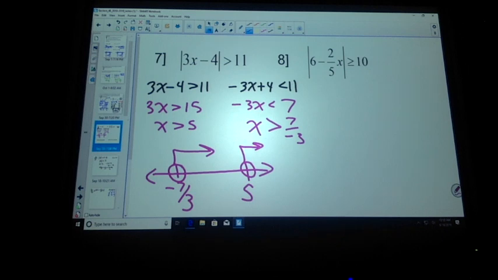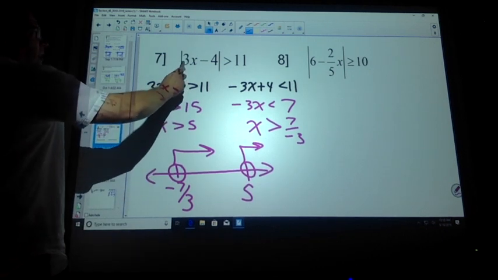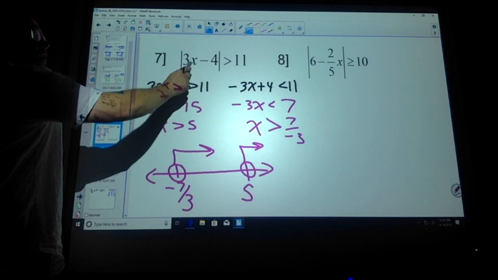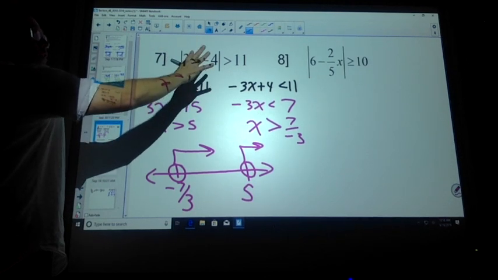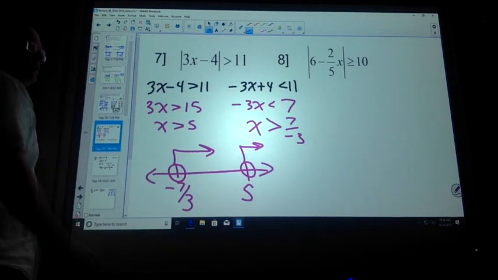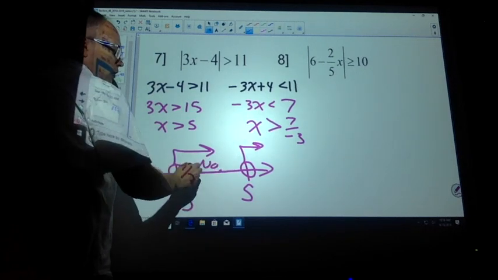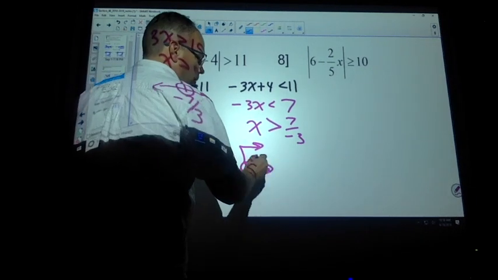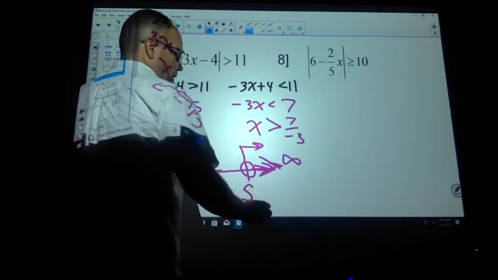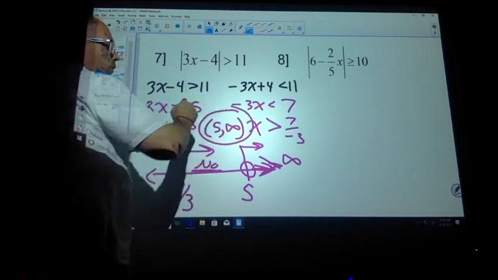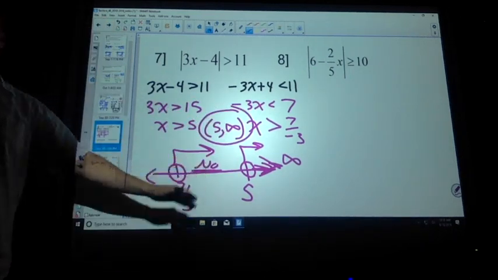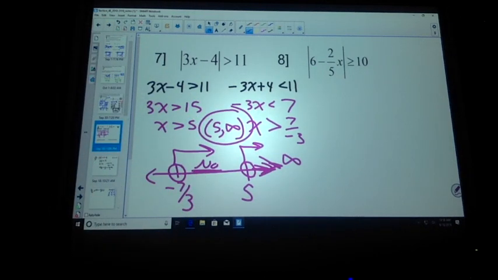Agree? Yep. If I take 0 and plug it in, I get 3 times 0 is 0. 0 minus 4 is negative 4. The absolute value of negative 4 is 4. Is 4 greater than 11? No. So this is no in here. So my region goes like this to infinity. So I go from 5 to infinity. There's my interval notation. This part didn't work because it created something untrue.